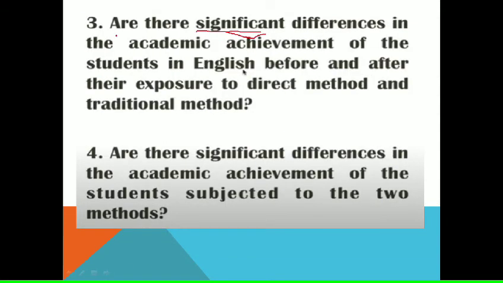Question number 3. Are there significant differences in the academic achievement of the students in English before and after their exposure to direct method and traditional method? From significant differences, we use inferential statistics. It's either t-test or ANOVA.